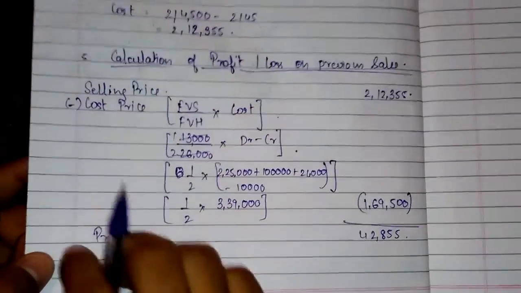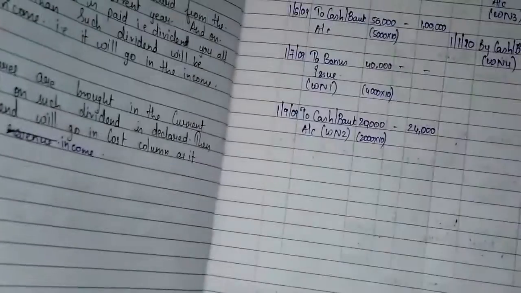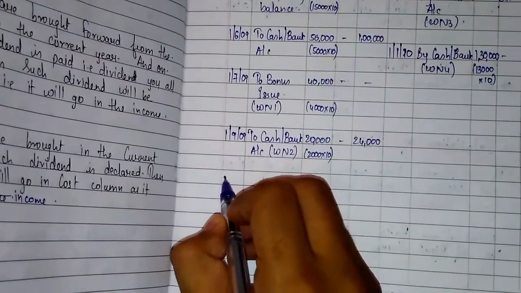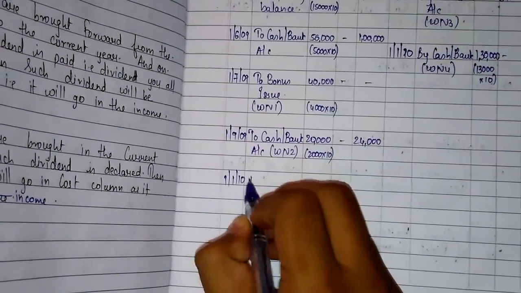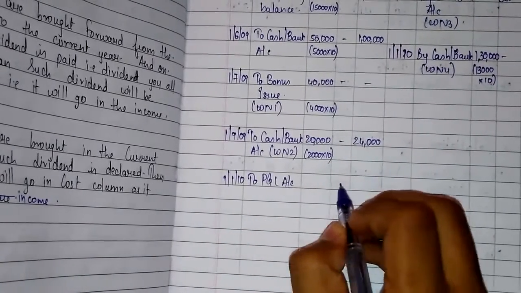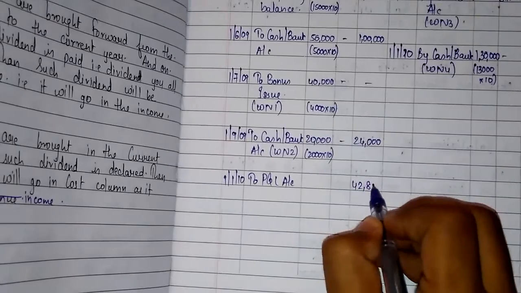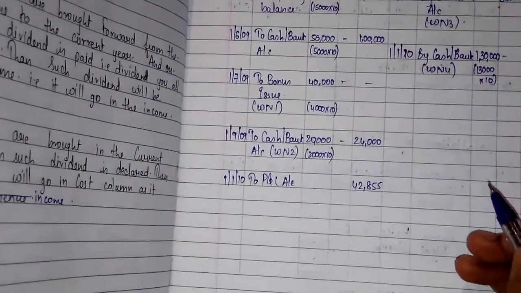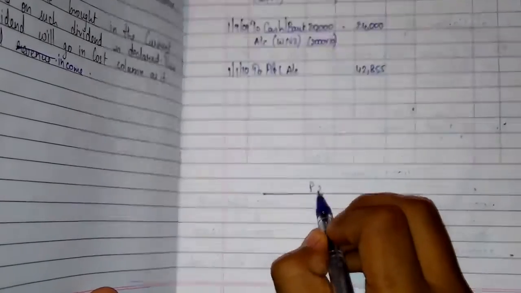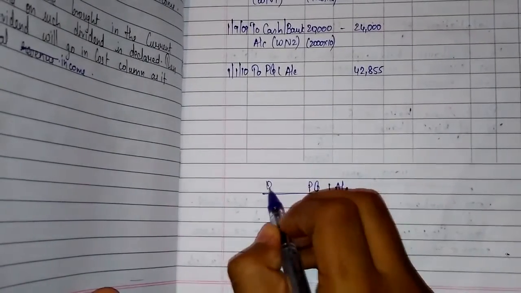Okay, so we just simply post it in the ledger on 1/1/10 to profit and loss account, 42,855. If you want, I'll again draw this P&L account, debit, credit.